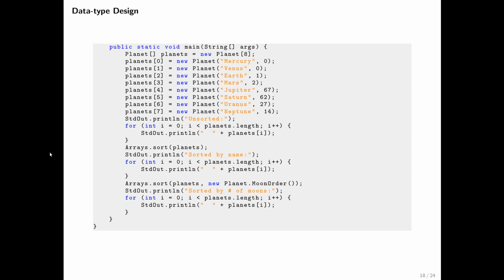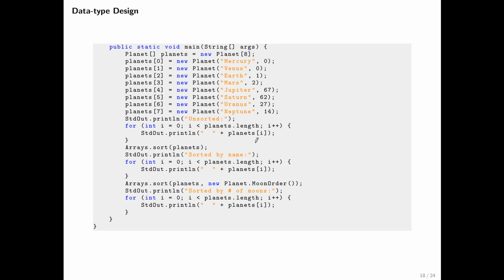Well, when sort is invoked with just one argument, the array, sort expects planets to be comparable. In our case, that's fine because planet was made comparable. We did implement the Comparable interface, so this is perfectly okay. So each object here is comparable.